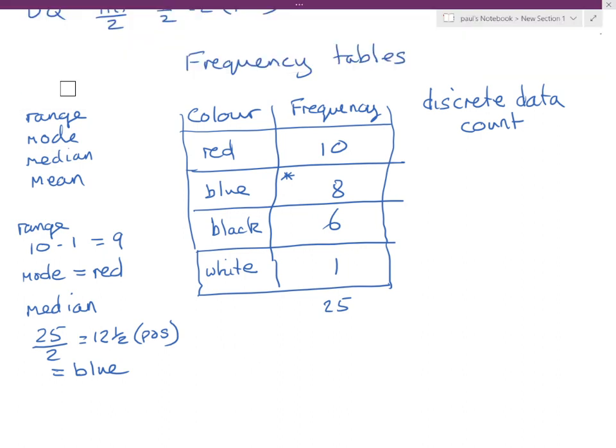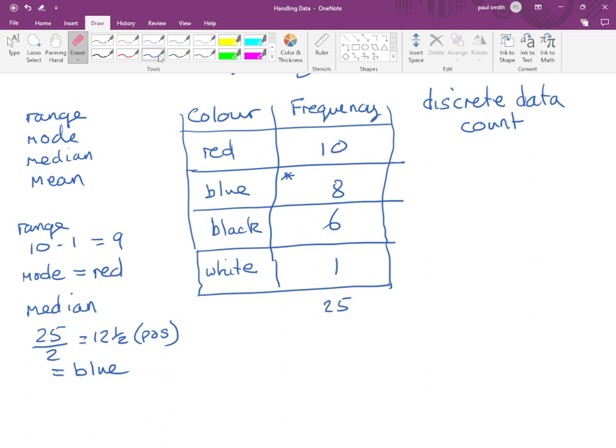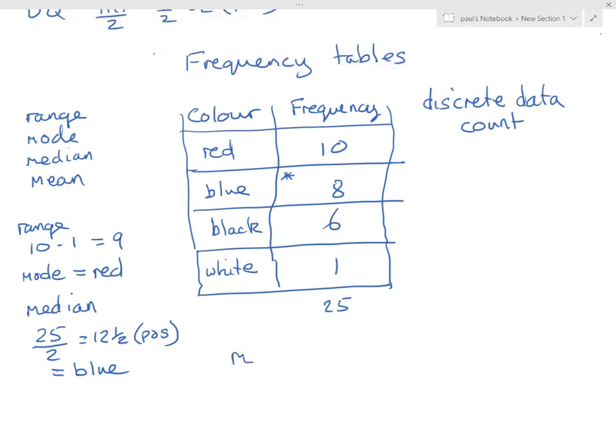It's the mean. Now, you've got 25 altogether, and there are 4 categories, so divide that by 4, which gives 6.25, or 6 1/4, is the mean. So on average you saw 6 1/4 cars of each colour.